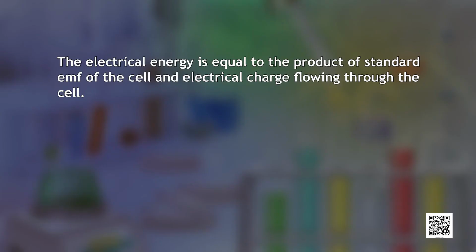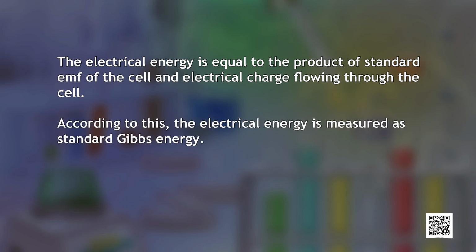An electrochemical cell is a source of electrical energy, which can be employed for different kinds of work. The electrical energy is equal to the product of standard EMF of the cell and electric charge flowing through the cell. According to this, the electrical energy is measured as standard Gibbs energy, and so delta G naught is equal to minus nF E naught cell.